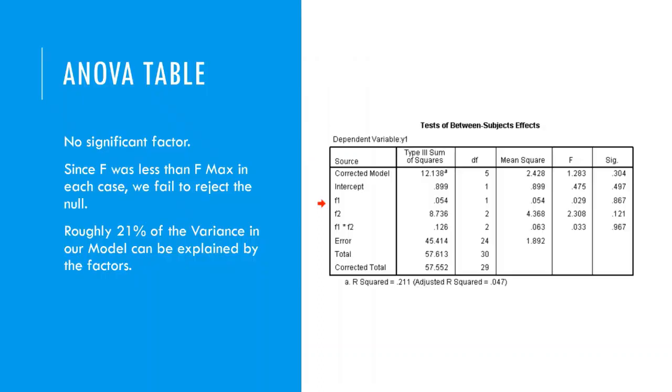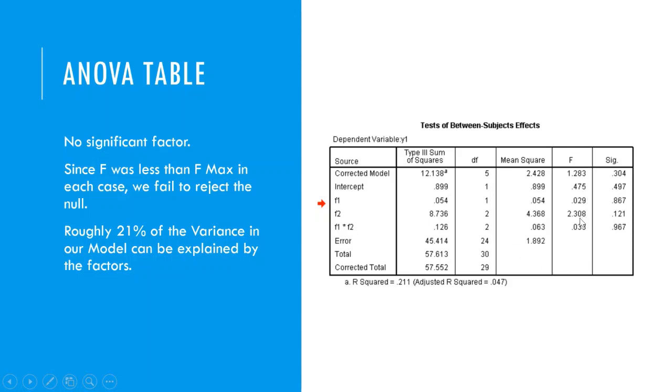Okay, moving on to ANOVA. Just looking at the data here, we can see that there is no significant factor. I looked at the F tables online as well, and F was less than F max in each case, and hence we failed to reject the null hypothesis.